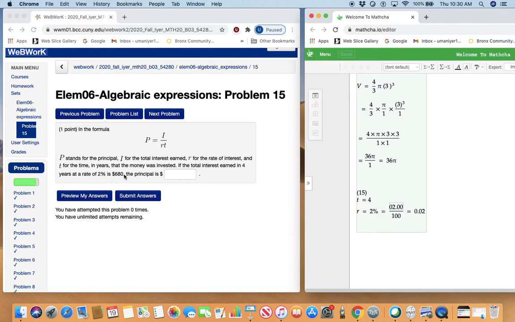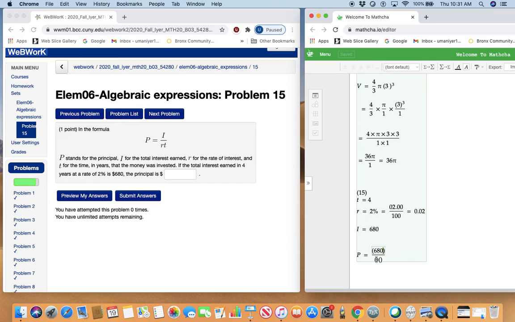And is 680. Who is 680? The total interest earned is 680. So I is 680. So question is find principal. Well, P formula is given by this. So principal is fraction. I have a variable over variable. You understand? So what is that? I, interest. So 680 goes upstairs.